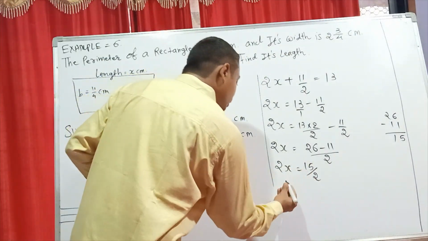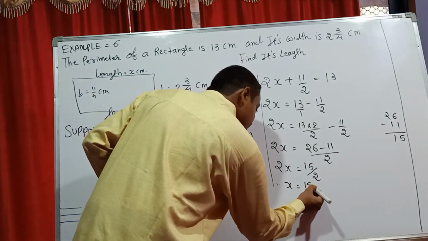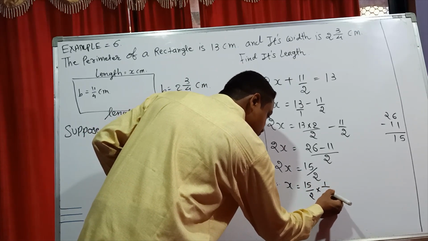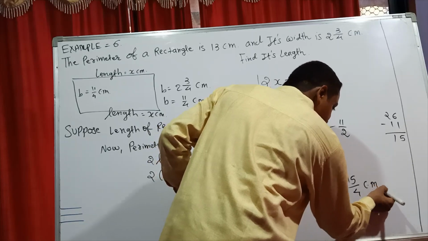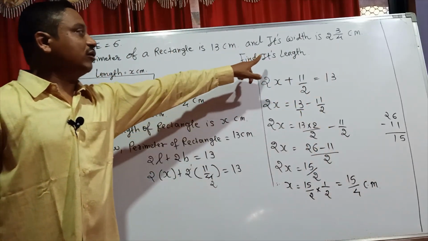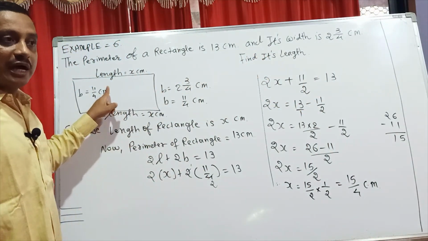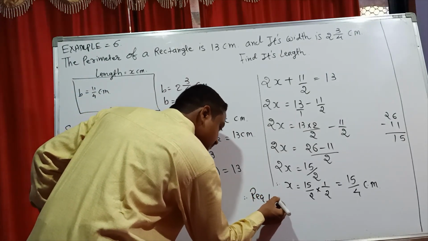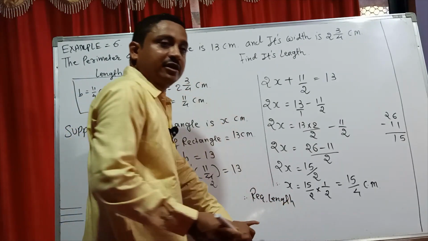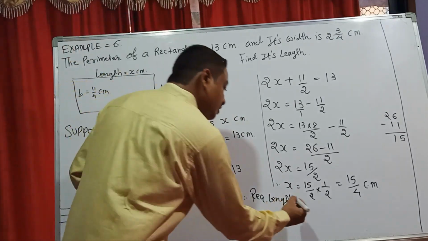So dividing by 2, x is equal to 15 by 2 divided by 2. So my answer is 15 by 4 centimeter, which is the final length of this rectangle. Therefore the required length of the rectangle is 15 by 4 centimeter.